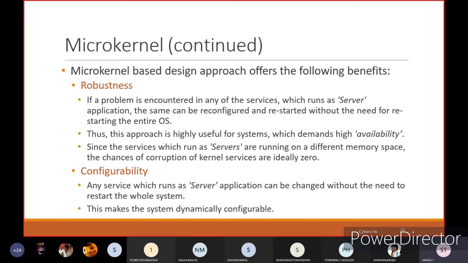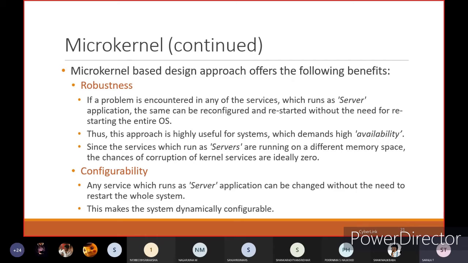Configurability: any service which runs as a server application can be changed without the need to restart the whole system. If any problem occurs in the server or in the user space, whatever applications we are running, without restarting the whole system, we can change in the server only, and this makes the system dynamically configurable.